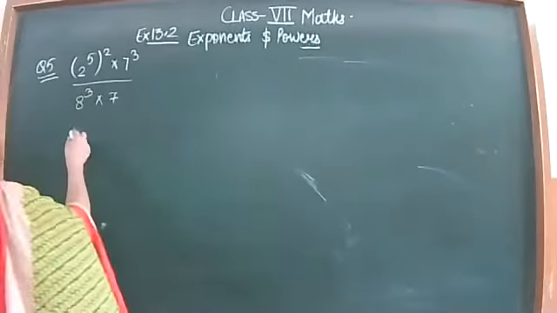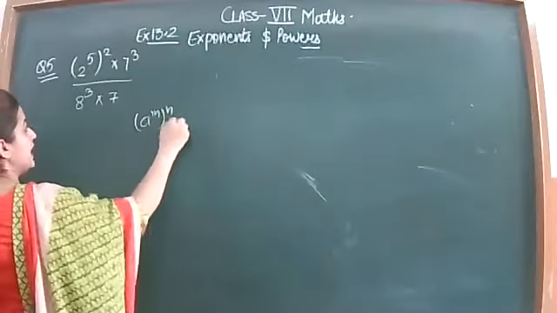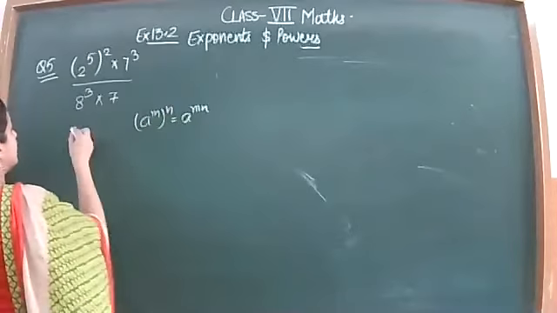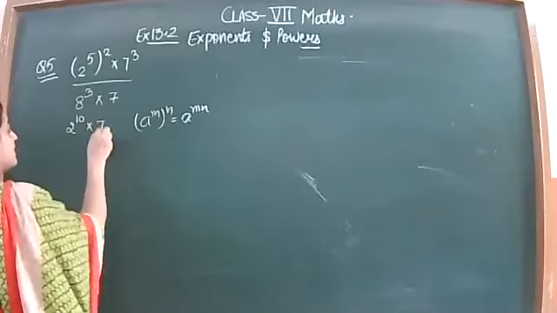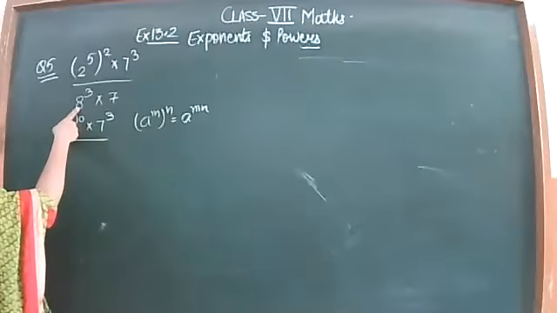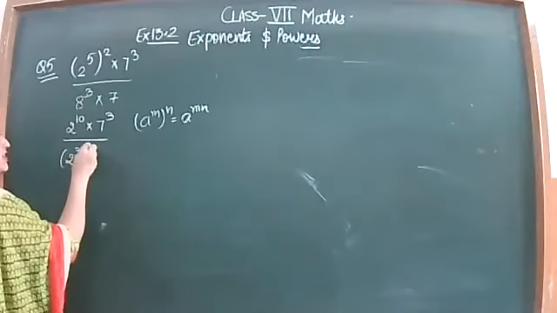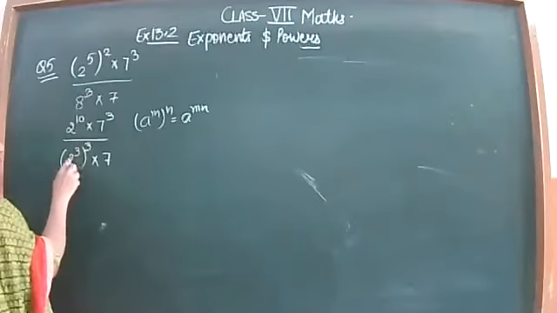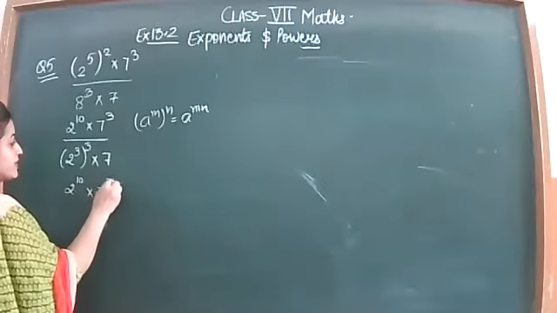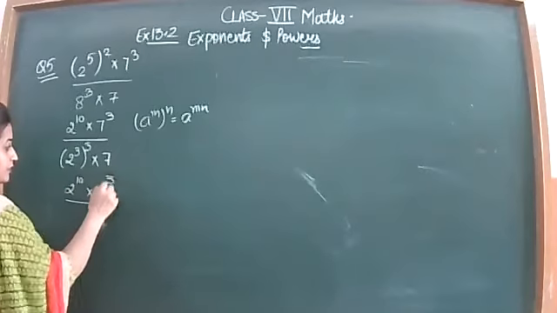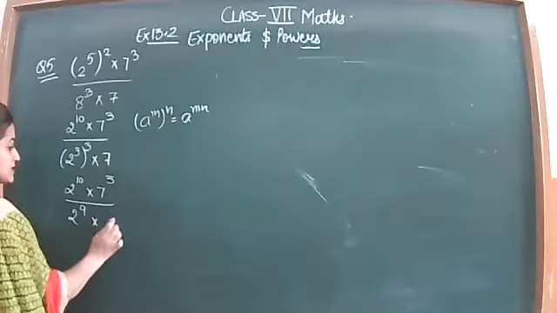Okay. So this is (a raised to power m) raised to power n, that is a raised to power mn. So it will become 2 raised to power 5 twos are 10, 7 raised to power 3. 8 can be written as 2 cube. And this whole power 3 is already there. So this is 2 raised to power 10, 7 raised to power 3, upon 2 raised to power 3 threes are 9 into 7.